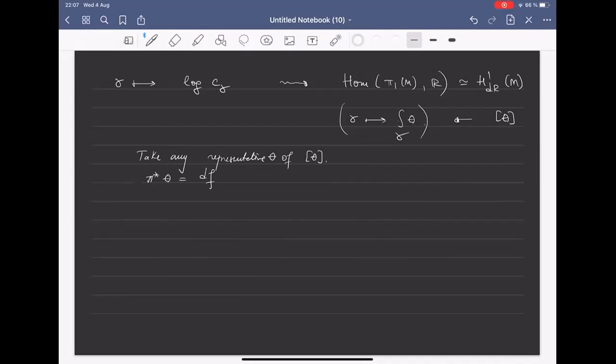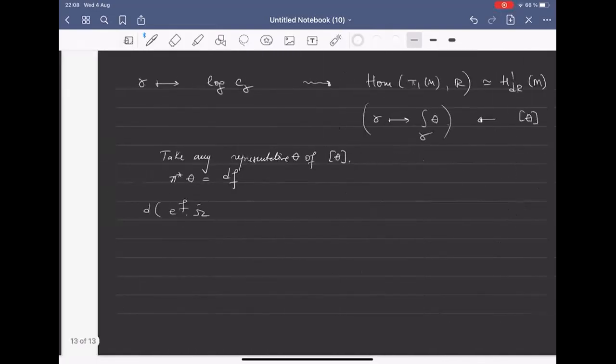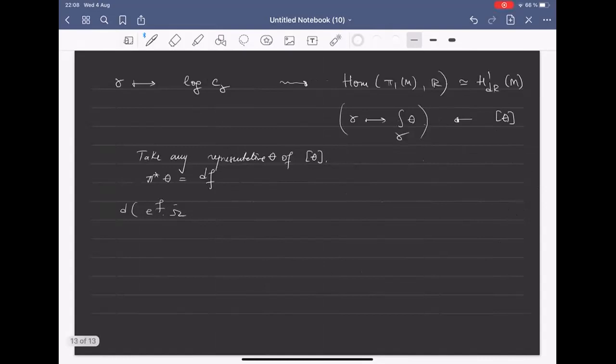By taking now the exponential of this function multiplied with our Kähler form, let me see if I denoted it by omega. I denoted it by omega. Okay, this differential, let's do the computation.